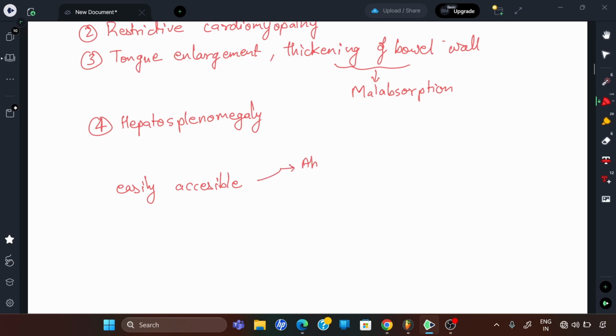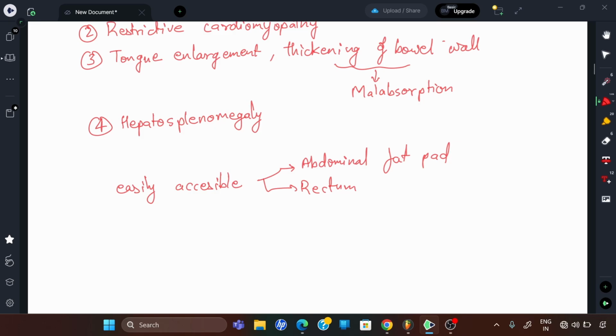And if any organ is being damaged due to amyloidosis, in that case what we need to understand is that amyloid can't be removed, right? So the only solution is transplantation of that organ.